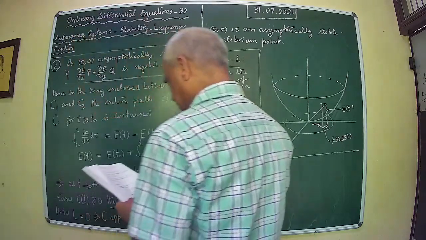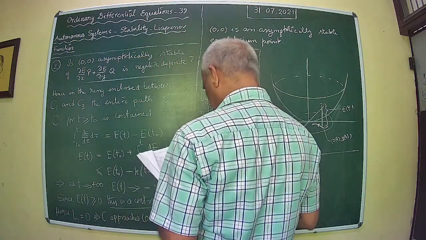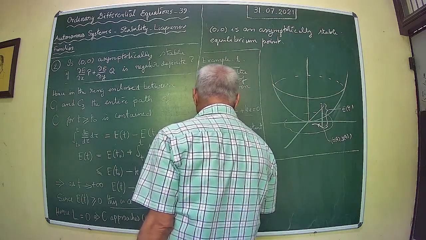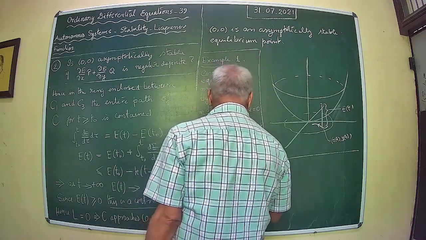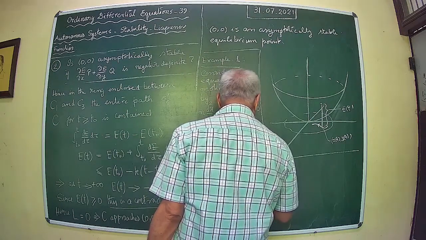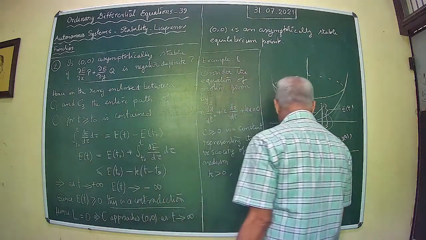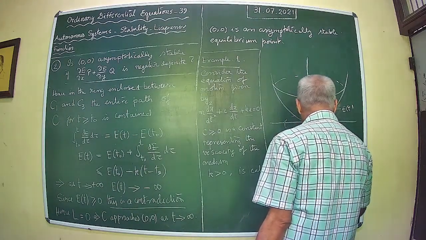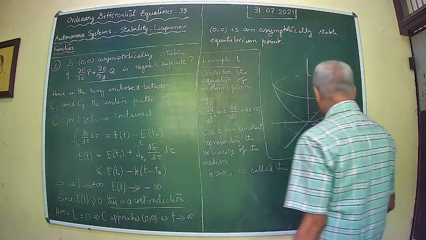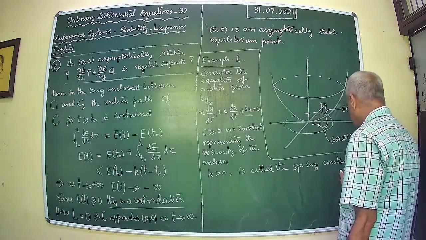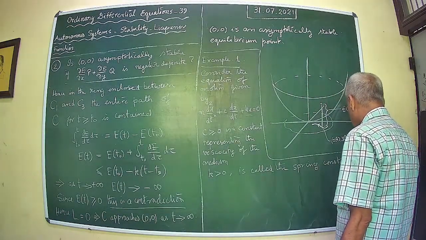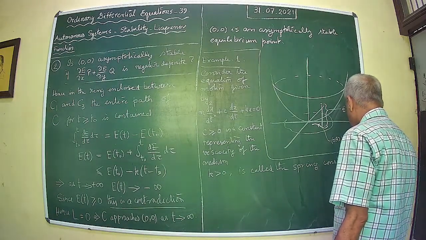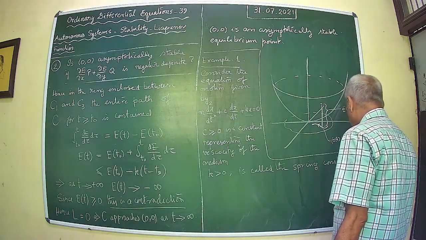Okay, so k greater than 0, k is positive, is called the spring constant. That's what I said. You have a spring like this, on which a mass is there.